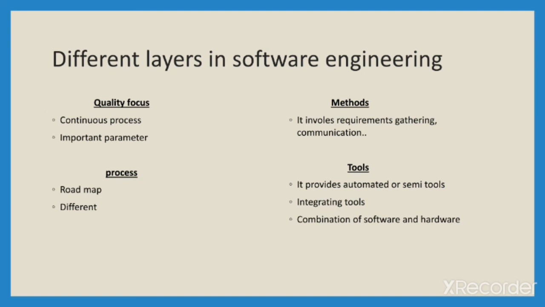This is the layer where you combine both software and hardware, because a project isn't going to work out only on software. You have to take the help of hardware to make it efficient.